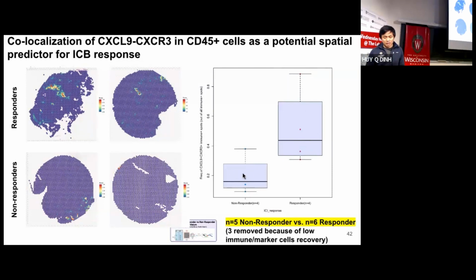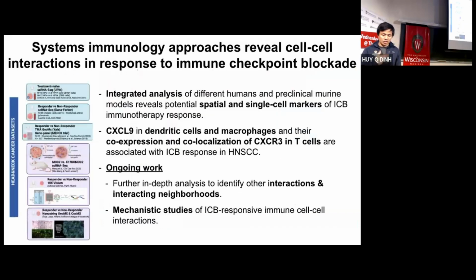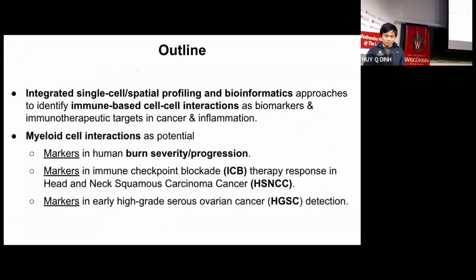Also, we need to increase the sample size and do more independent validation to validate this, but the result is encouraging. So currently we are trying to do more analysis to identify more interactions, and also we want to identify the interacting neighborhood and study the mechanism of those interactions that we found by either in vitro or in vivo models, where we can block the ligand or knock out the receptor.